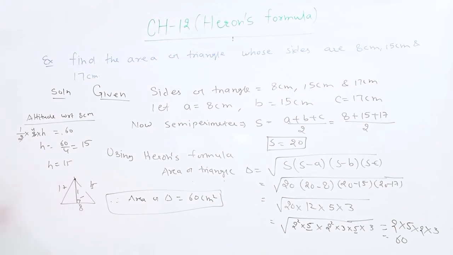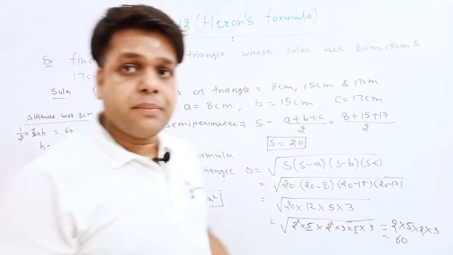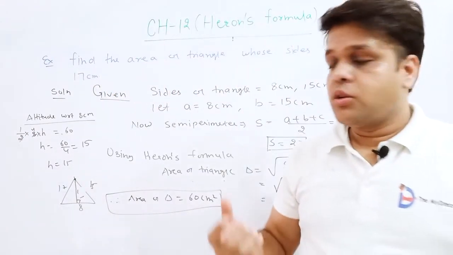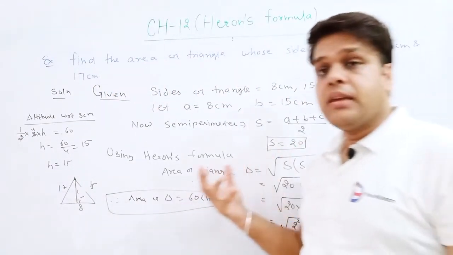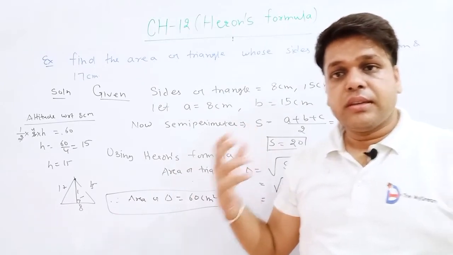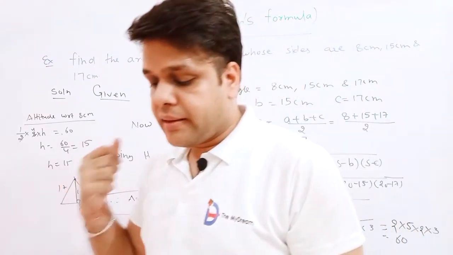So here we get 60 by 4, that is 15, and we get the height of the triangle, which is equal to 15. So this is the concept where we find the altitude, the height of any triangle.